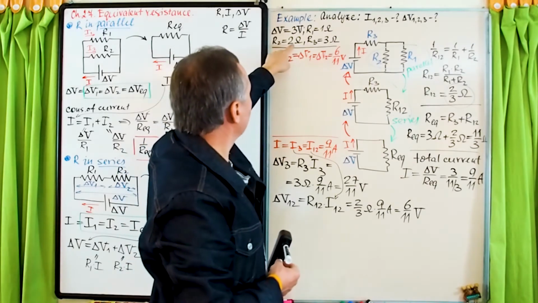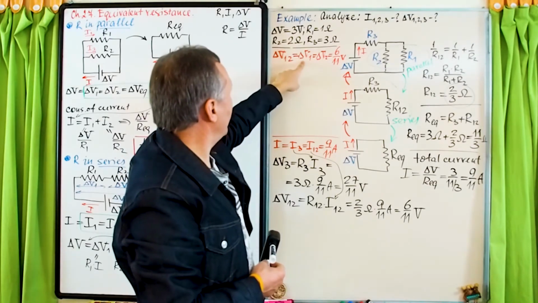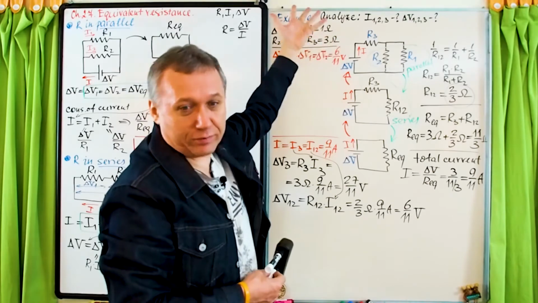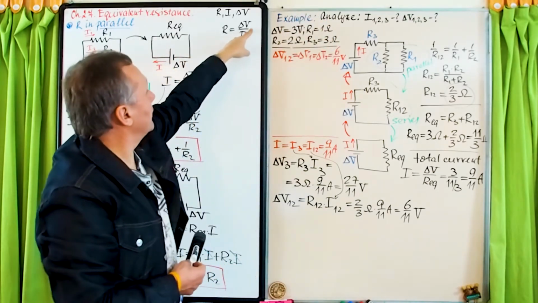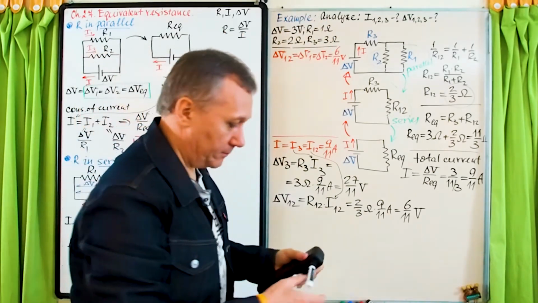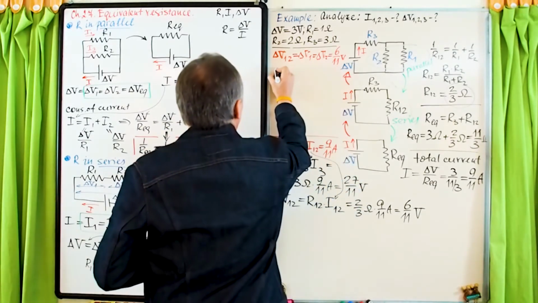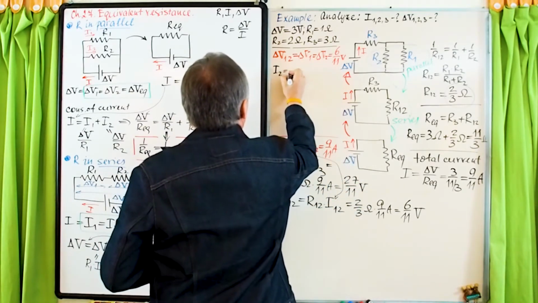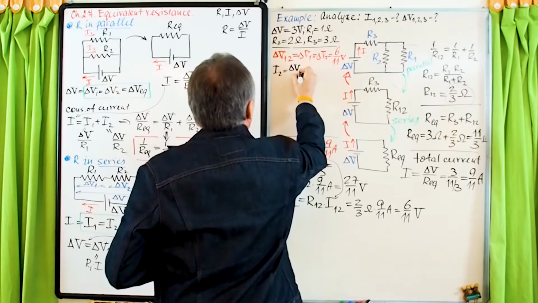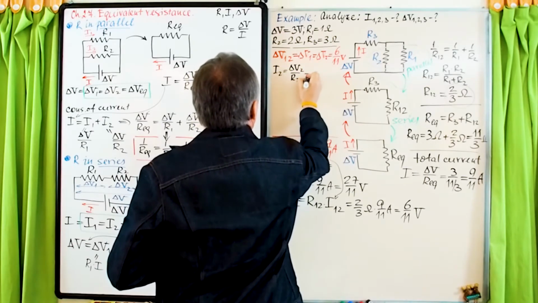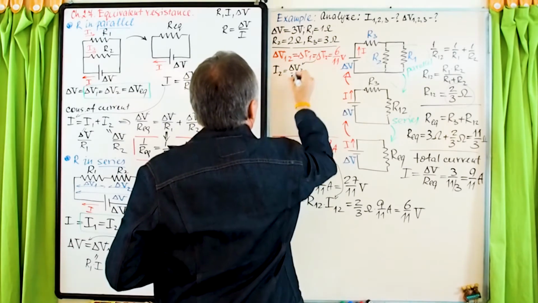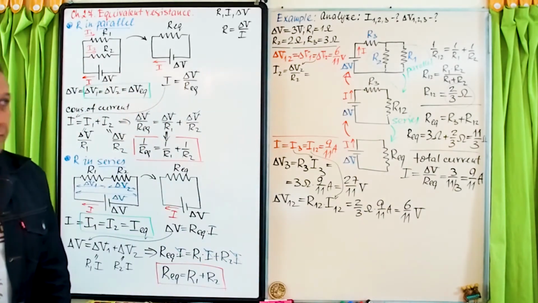We know the value of R2, we know potential difference across R2. Finding current: delta V divided by R. Trivial, right? So I2 equals delta V2 divided by R2. Delta V2, again, it's from the bridge, 6 over 11.